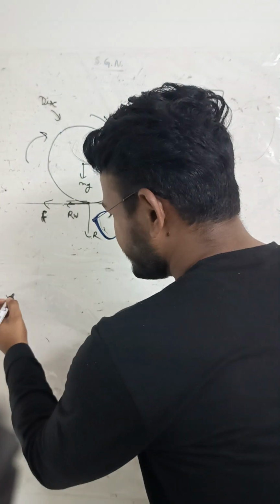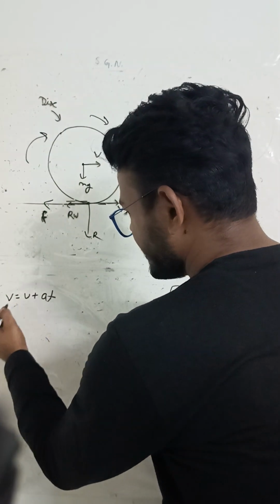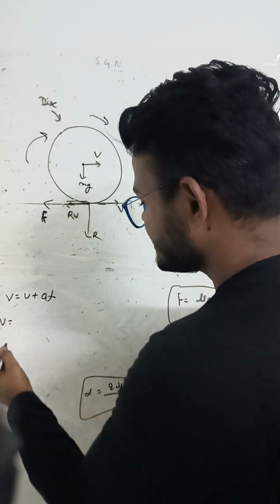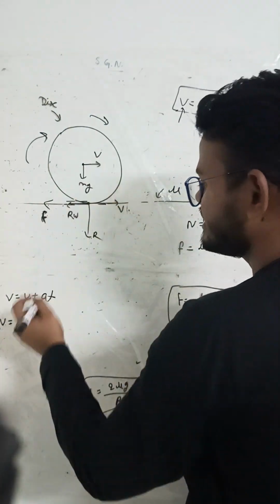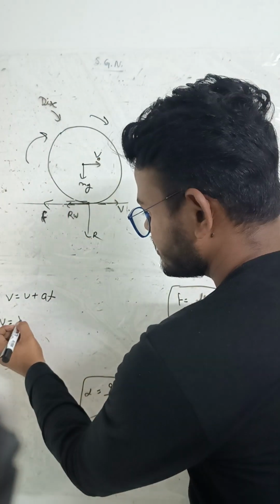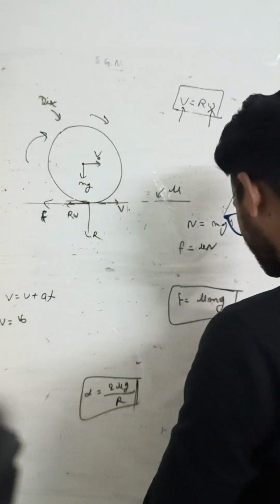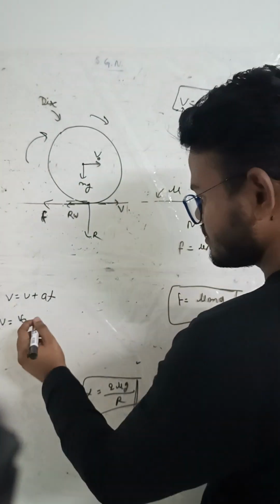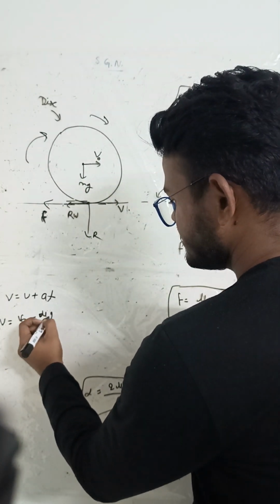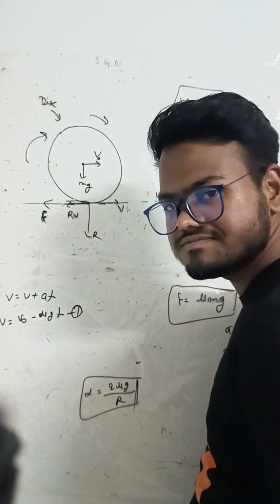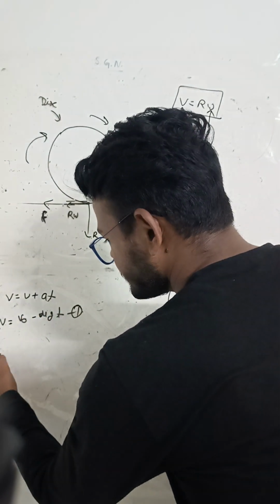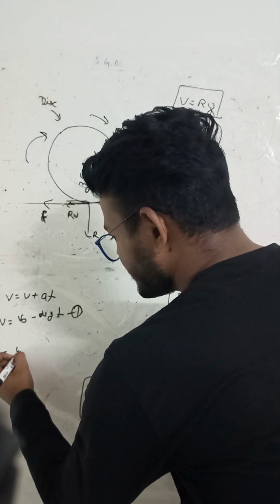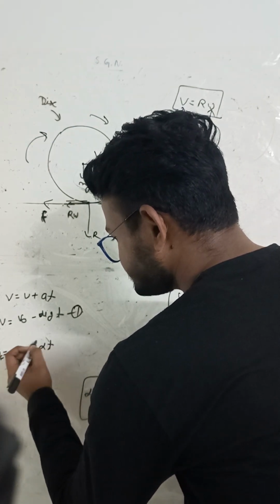So we can write v equals u plus at, where v is the final velocity and u is the initial velocity, let's say v naught. With a equals minus mu g, v equals v naught minus mu g t. This is the first equation. And second, for angular motion, omega final equals omega initial plus alpha t.